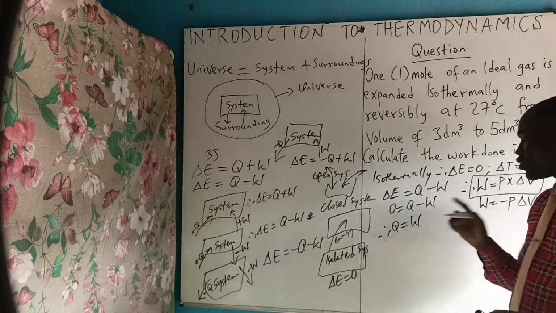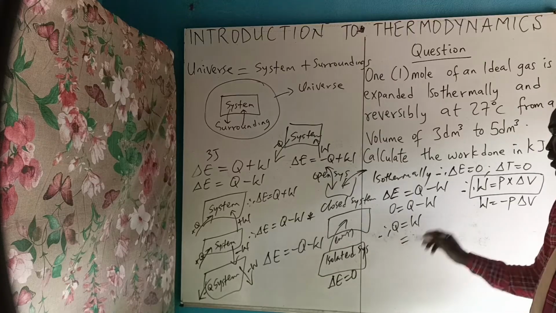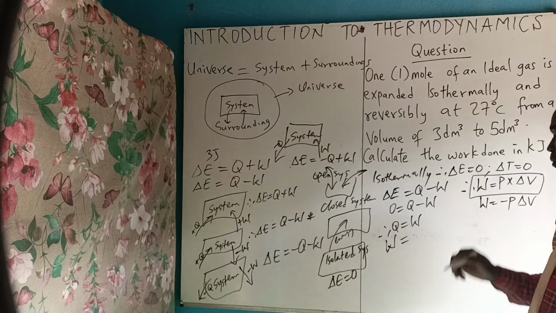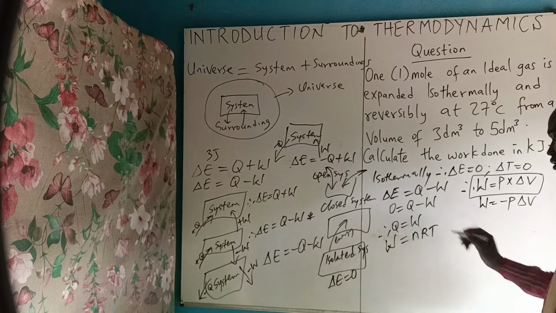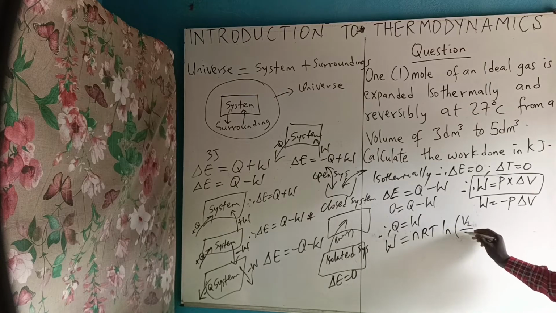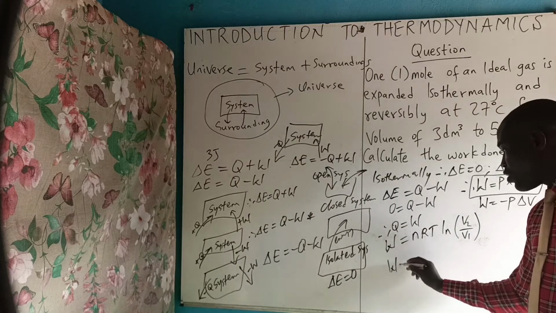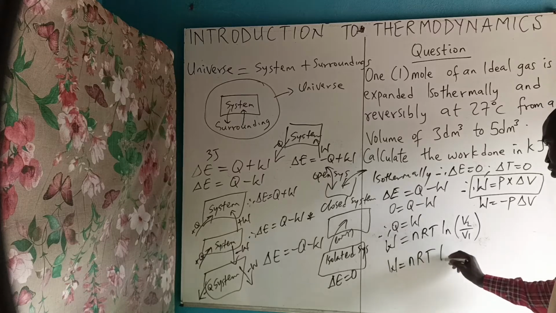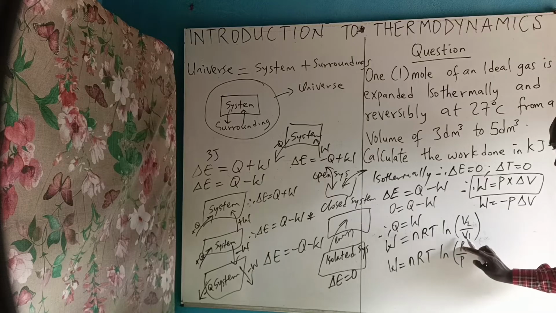Now, since Q is equal to this, isothermally, if they ask you to get the work, please don't forget that work is equal to nRT ln V2 over V1. And work is also equal to nRT ln P1 over P2.